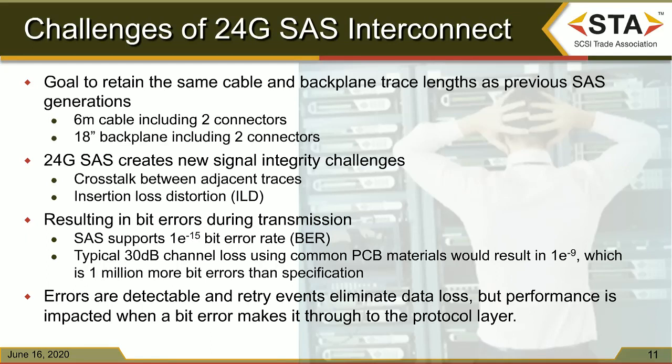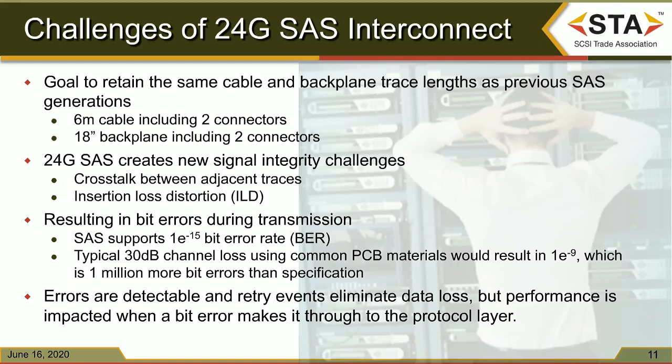I want to have a backplane in a rack so that I can support a lot of disk drives within one chassis. So that's a backplane environment. And at 24 gig, I still need to support those. And that's quite challenging at these bit rates. And the primary challenge is signal integrity, electrical signal integrity.